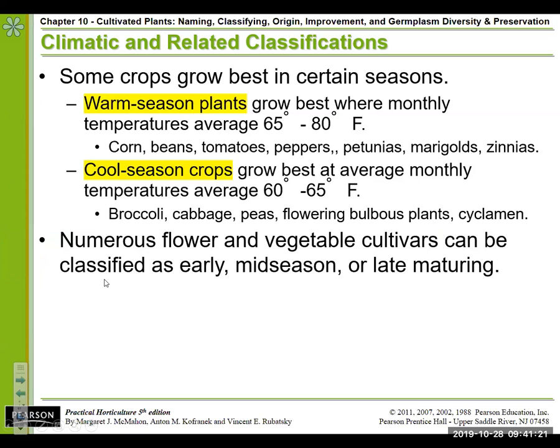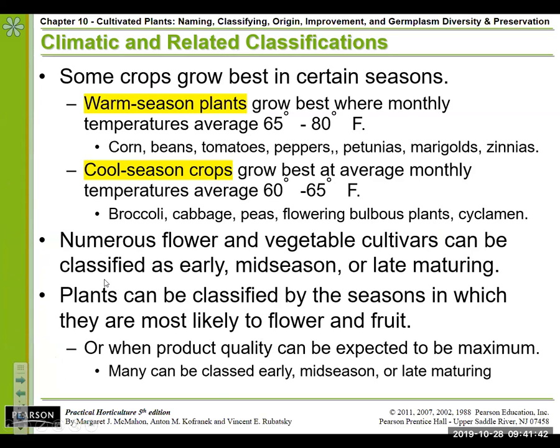So we classify crops based on whether they can handle cooler temperatures or not. But then we look at cultivated varieties in terms of the days it takes them to mature, so we have early season, mid-season, or late maturing crops. By using all of these, we can extend the growing season and the harvest season so that we can have a product with maximum quality, but also a sustained source of income.